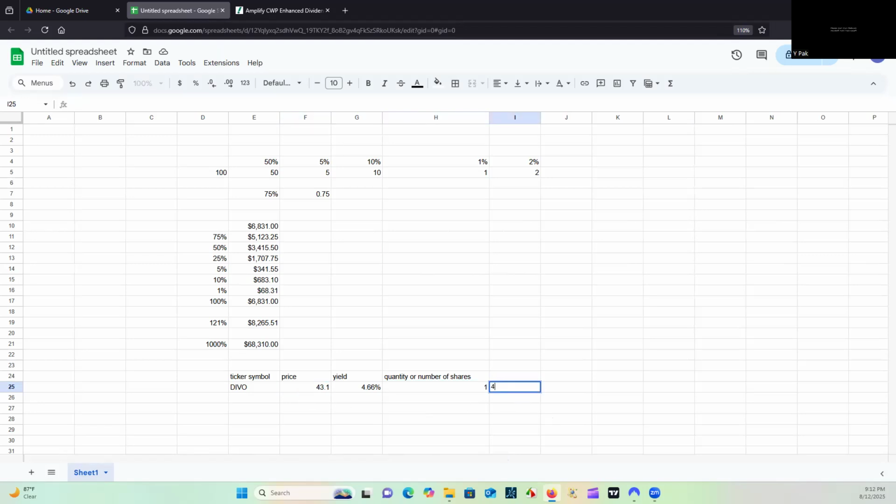Well, it costs you $43.10 for one share. If you bought two shares, for a quantity of two, you just multiply this by two. So this is going to be 2 times the price of the stock. That's going to cost you $86 to buy two shares.